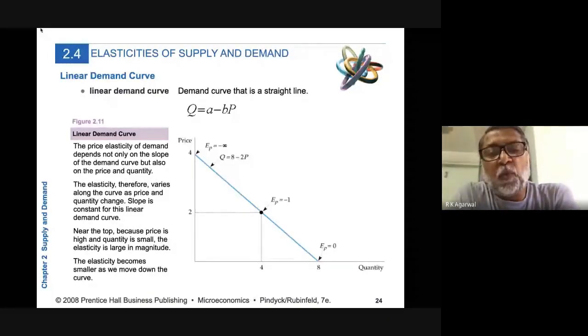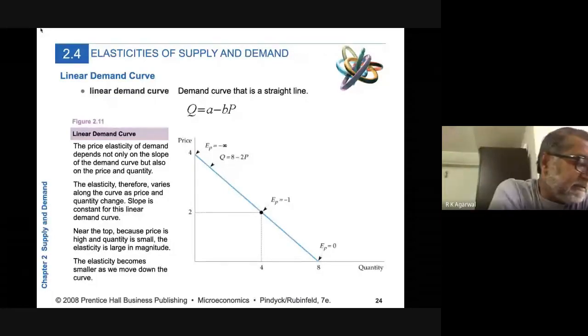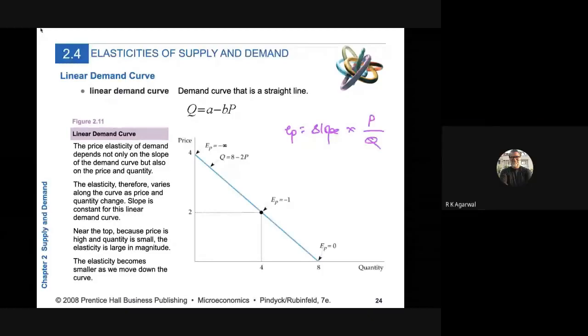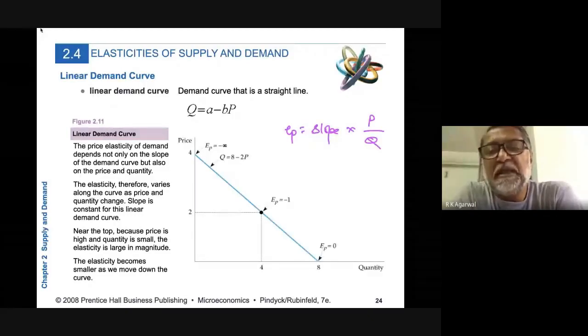Now, since elasticity is equal to slope into P by Q, if you take various points along this linear demand curve, the slope will be the same.